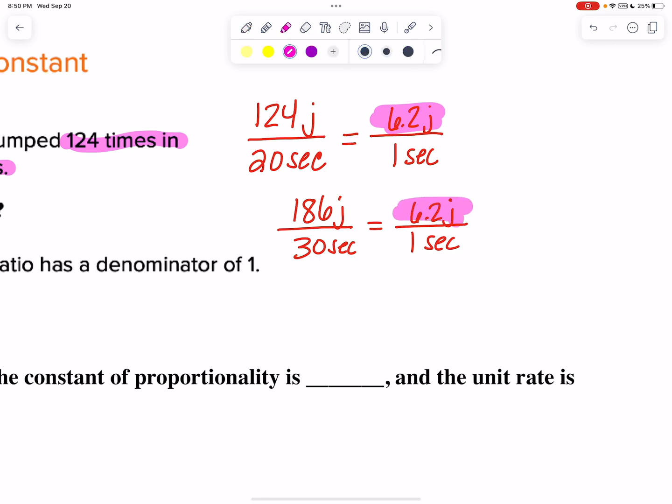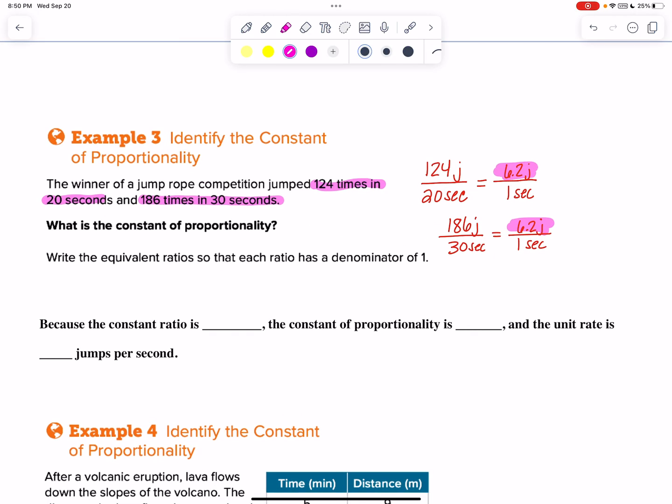Okay, so we verified that they are proportional, and we found the unit rate, which tells us the constant of proportionality. So because the constant ratio for all of them is 6.2 jumps per second, the constant of proportionality is what? 6.2, and the unit rate is 6.2 jumps per second.